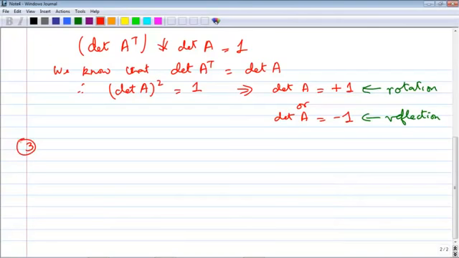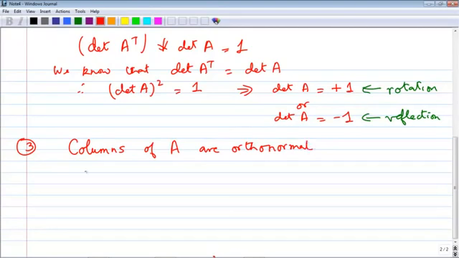Okay, let's study another property. And this is going to be that the columns of A are orthonormal. Okay, what do I mean by that?